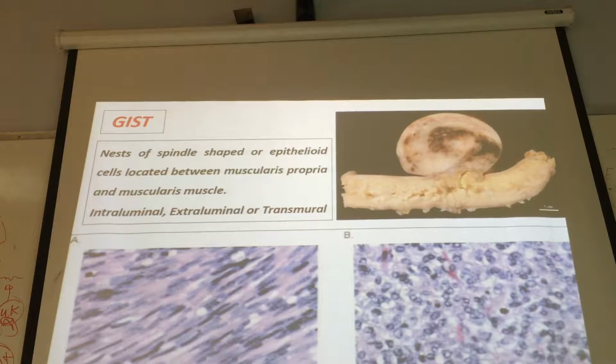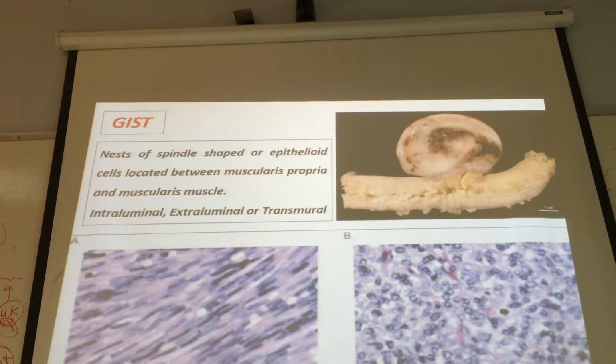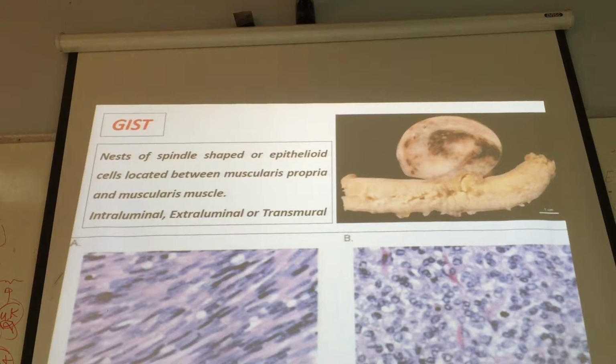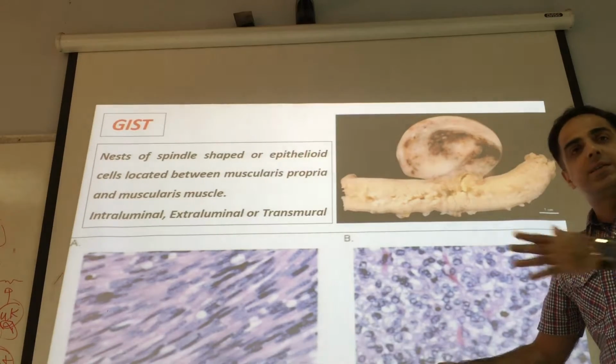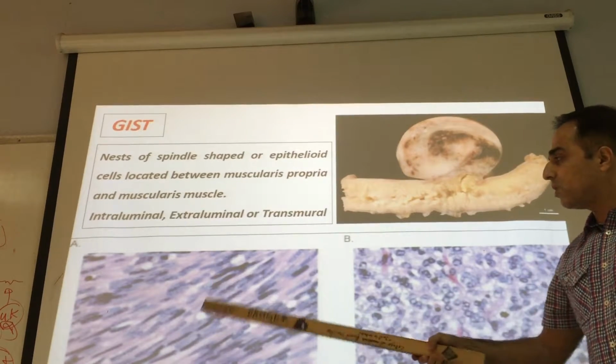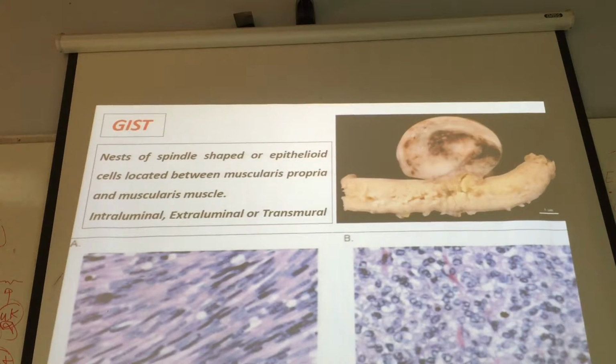The 4 types I told you are by differentiation, showing which structure it is differentiating towards, smooth muscle or neural. But microscopically you will find 2 types of cells. One is spindle cell GIST. Here you will find elongated cells, spindle cells. All of these are elongated spindle cells. So this is called spindle cell GIST.